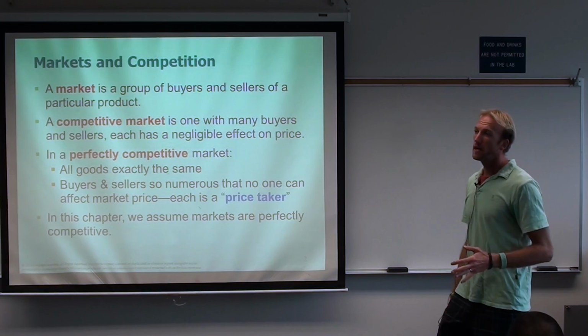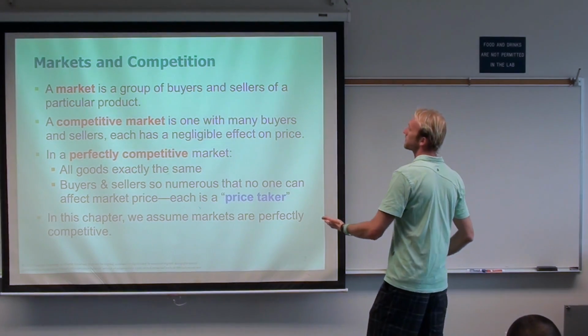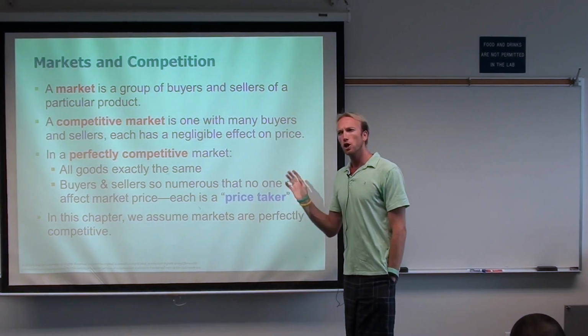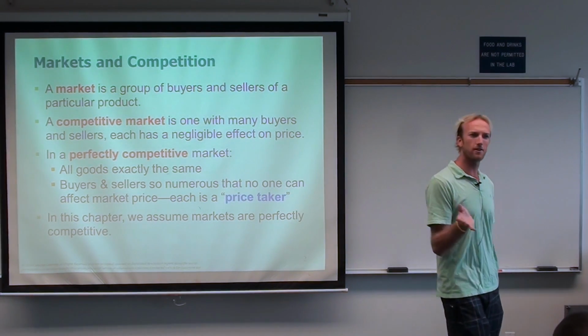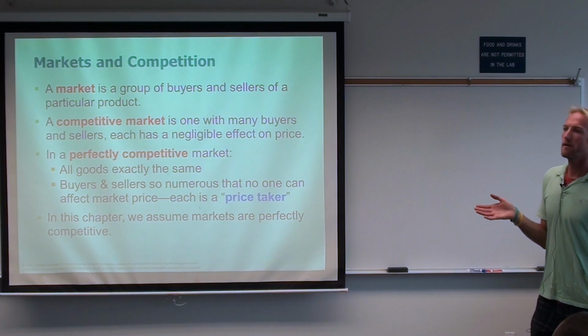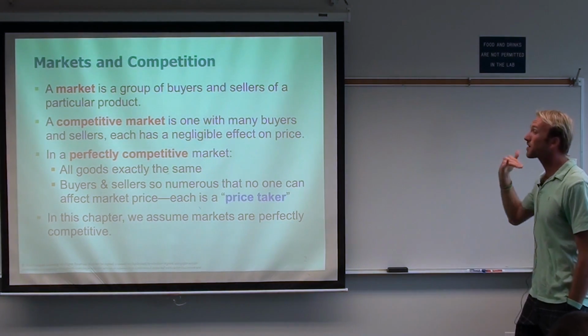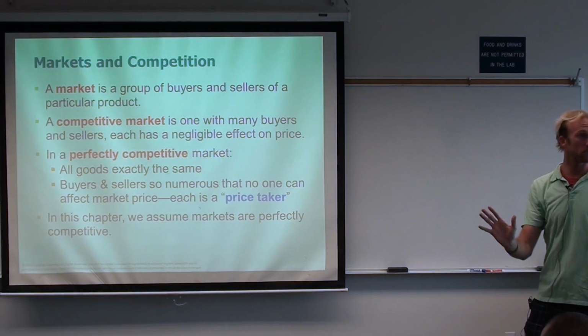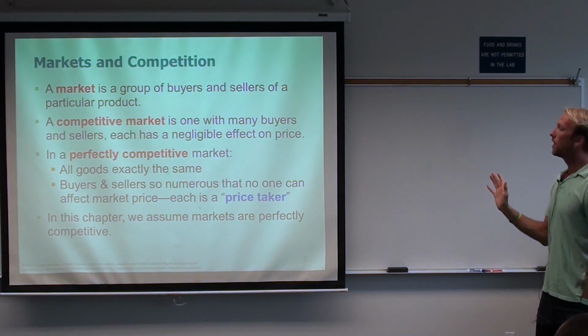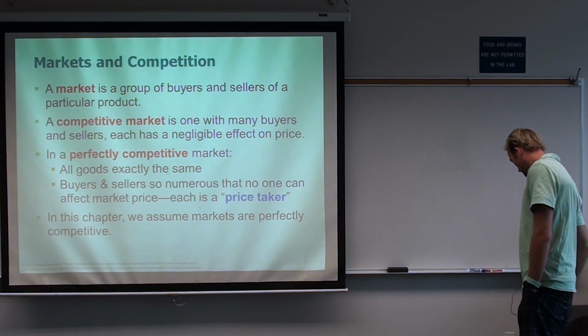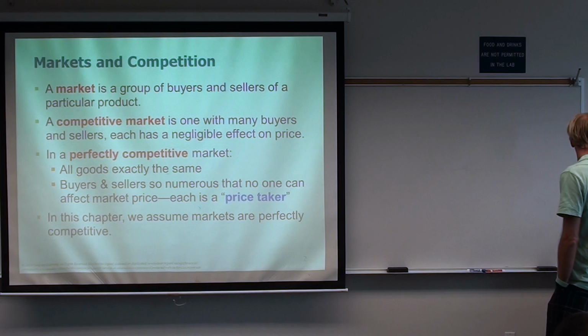So in this chapter, hopefully you look at these assumptions, you're like, wow, these are really bad assumptions. This doesn't actually occur in real life. True, and most times it doesn't occur. But for purposes of just explaining how we analyze markets in economics, and that's all that you'll need to know for this class, nothing too technical, we're going to assume that all the markets are perfectly competitive. Okay?